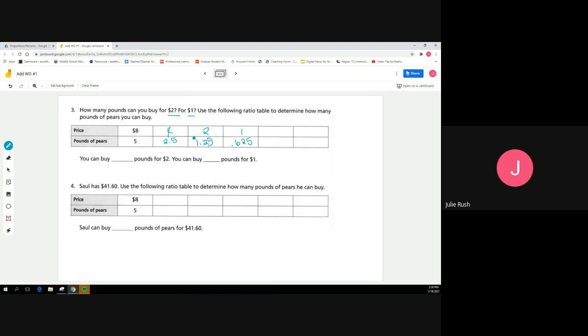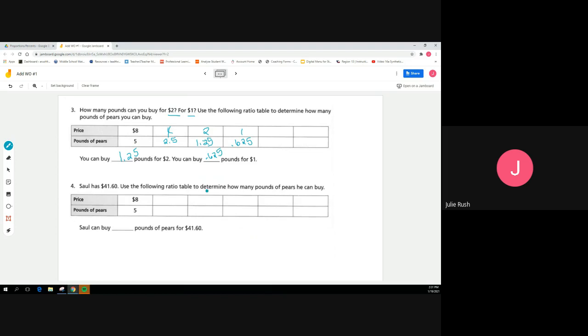I just know that when I split 125, I get close to 63 cents, where one half gets 63 cents and the other gets 62 cents. So 1.25 pounds for $2 and 0.625 pounds, a little bit more than half a pound, for $1.